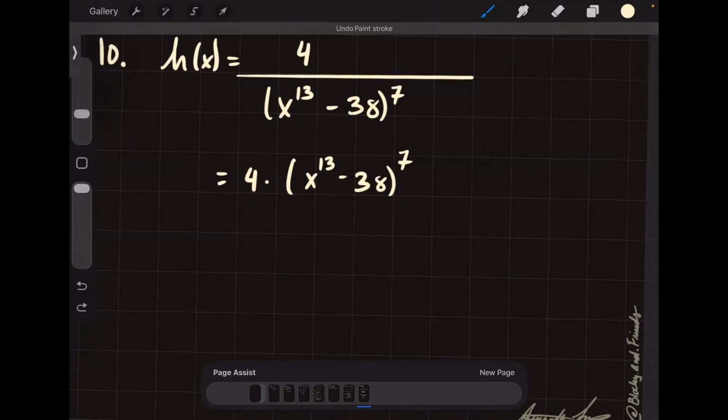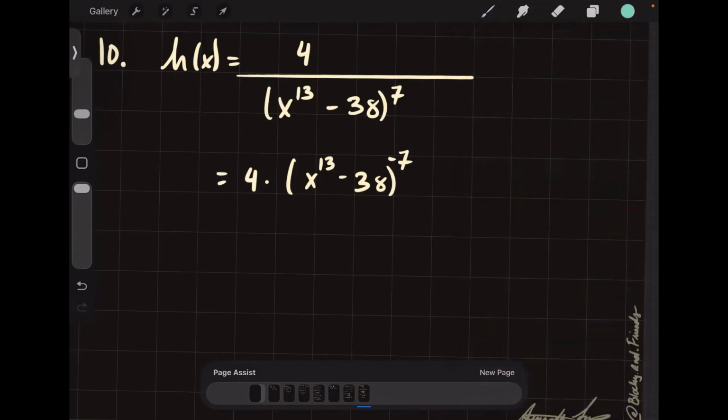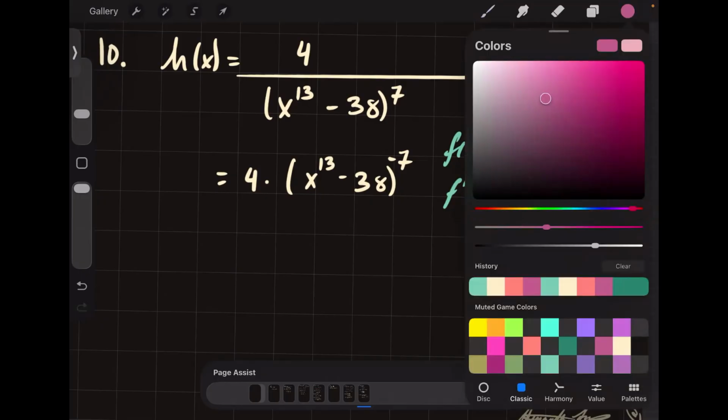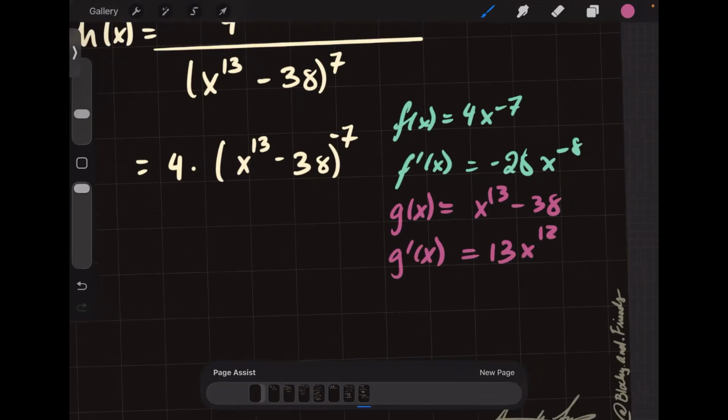Again, inside, outside, right? The outside is f of x is equal to 4x to the negative 7, which means f prime of x is negative 28, because you multiply it down, x to the negative 8. The inside is g of x equals x to the 13th minus 38. g prime of x is equal to 13x to the 12th.